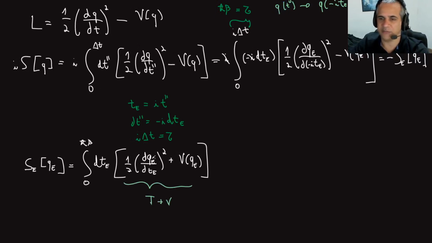This is the total energy of the system. So you see the Euclidean action has the classical Hamiltonian of the system here.